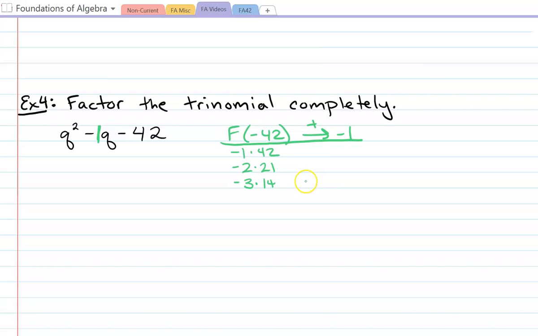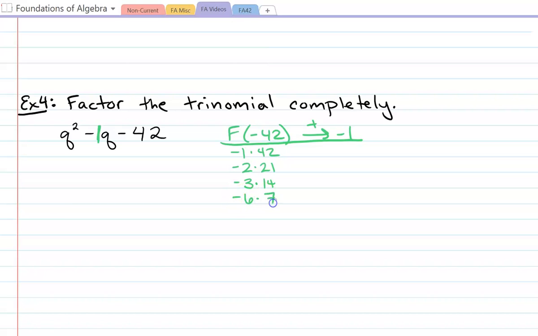That's positive 11. And if you don't remember your factor pairs, use your calculator. 42 divided by 3 gives us 14. So we can use our calculators here. 42 does not divide evenly into 4, doesn't divide evenly into 5. What about 6?